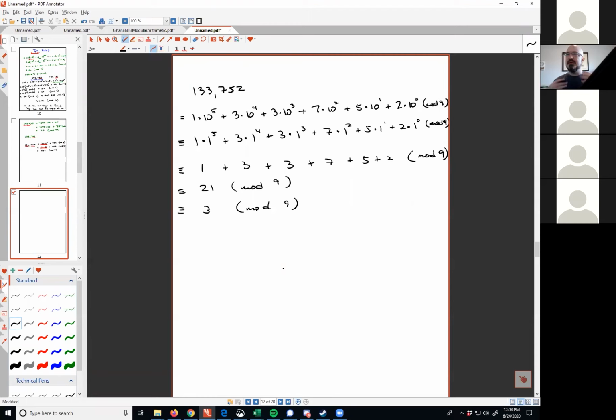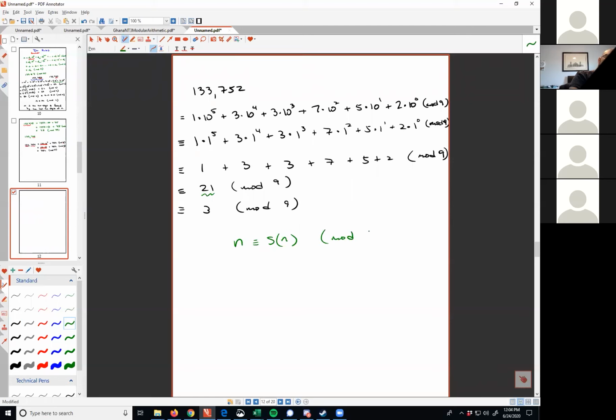So not only, if the sum of the digits is a multiple of 3, the original integer is divisible by 3. If it's a multiple of 9, the original integer is a multiple of 9. But whatever it adds up to, let's say that S of n is the sum of the digits.